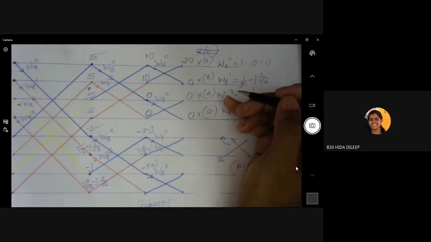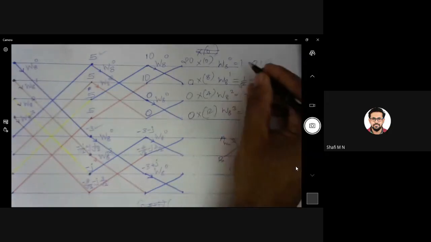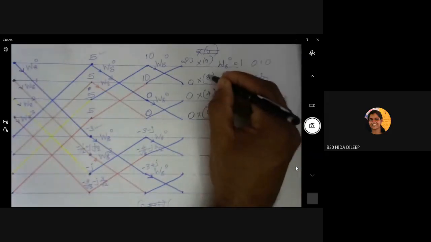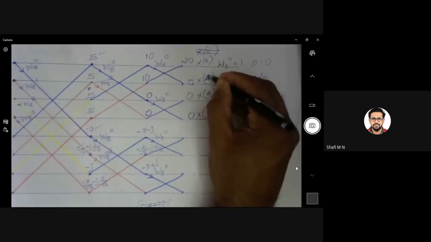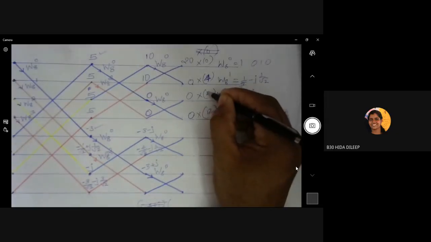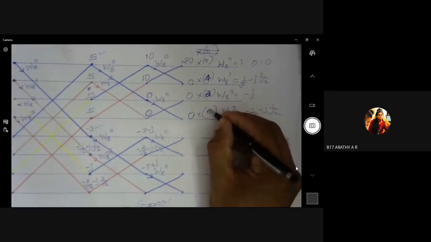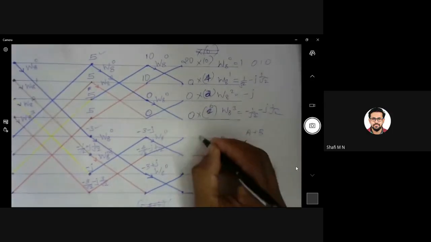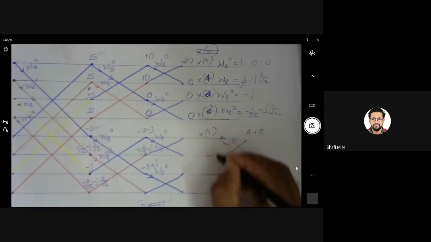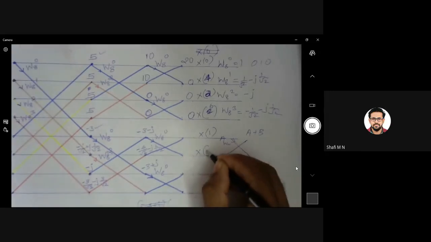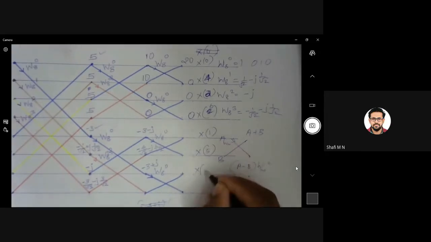X of 4. First one is x of 0. Second one is x of 4. X of 2. X of 2, okay. X of 6. X of 6. And x of 1. And x of 5. X of 3.